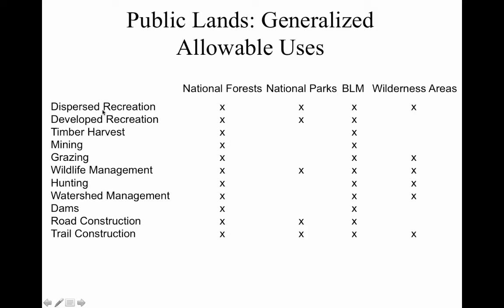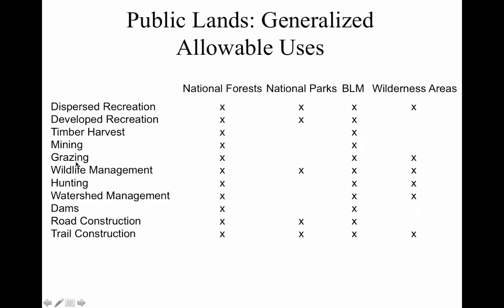Dispersed is low impact recreation. Developed would be high impact recreation that requires maybe the building of roads and paved trails and things like that. Timber harvest and mining are both very intrusive on natural environments, but they're not excluded from National Forest or Bureau of Land Management land. They are excluded from national parks and wilderness areas.